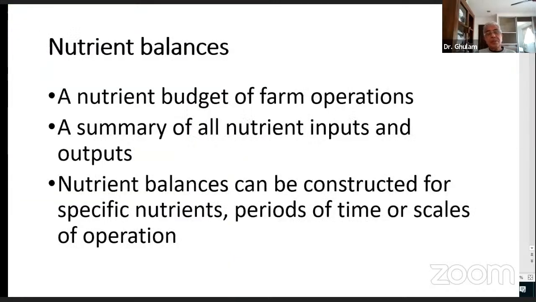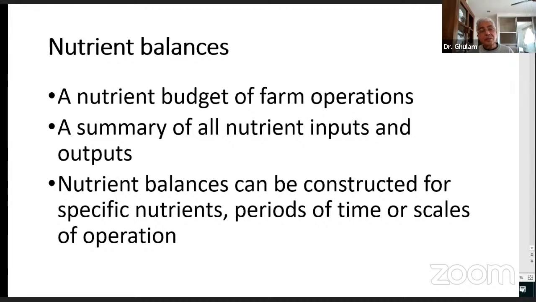And sometimes, in order to make use of this knowledge of what nutrients are present, how to add nutrients, what nutrients to emphasize on, and so forth, and what are the sources of these nutrients, some people who are in this business create nutrient balances.